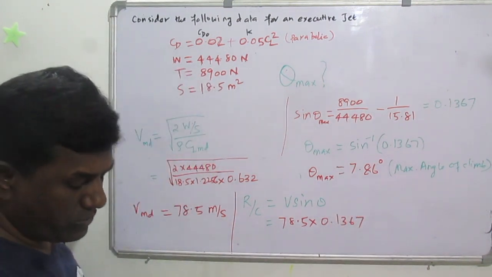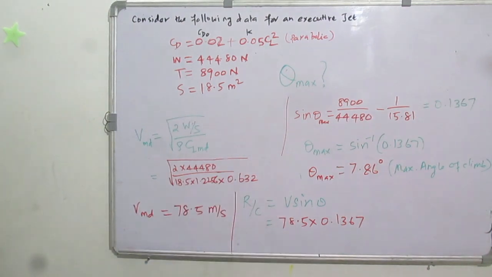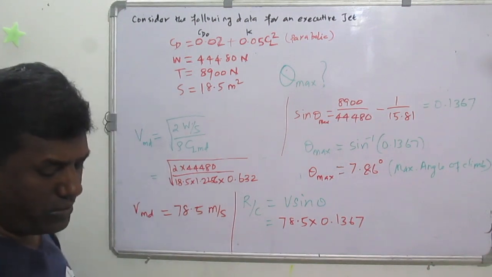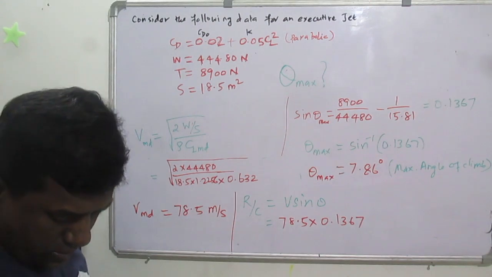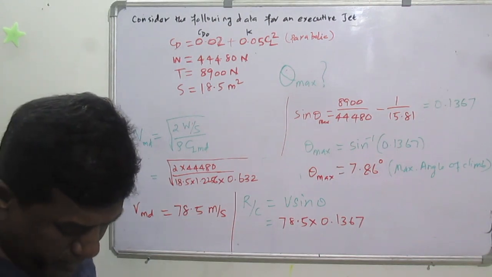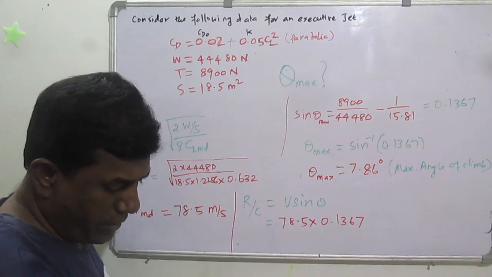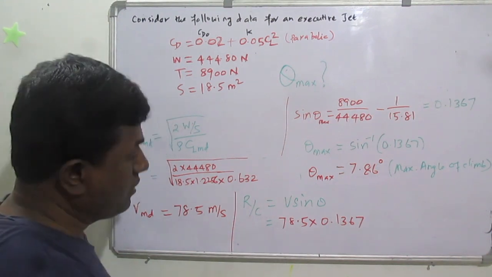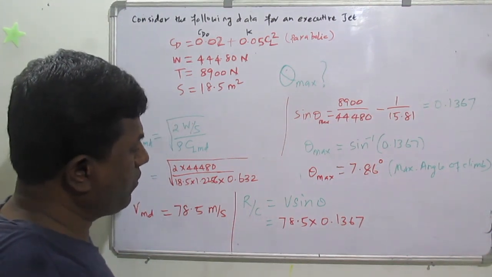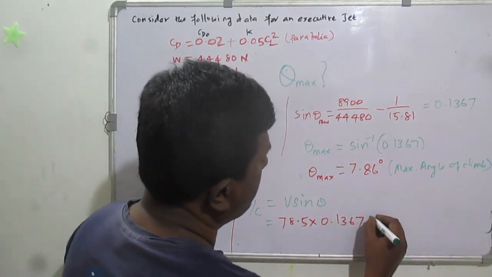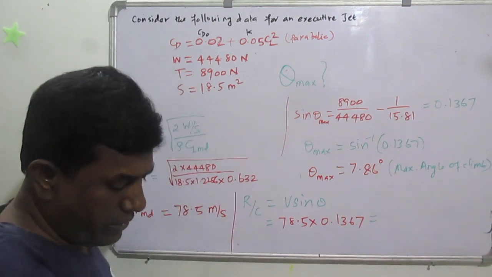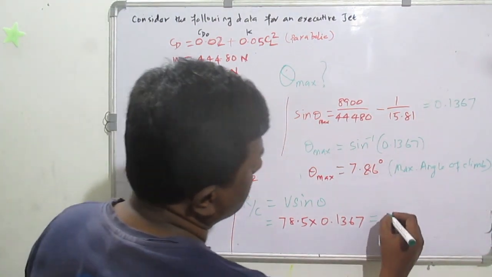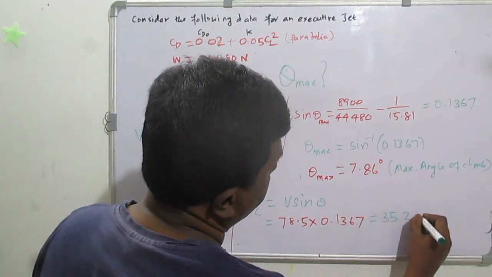By doing this calculation, the rate of climb comes around 35.24 in feet.